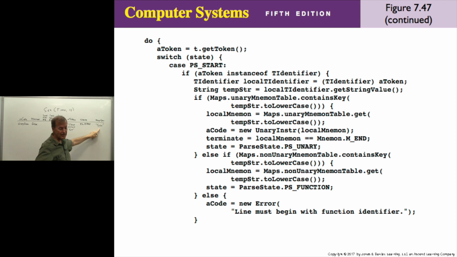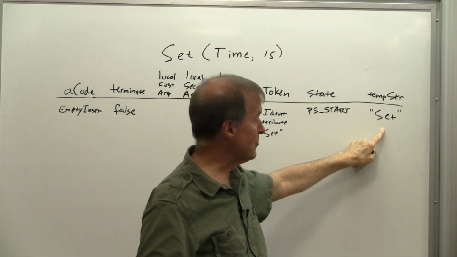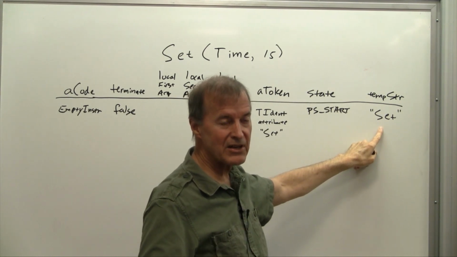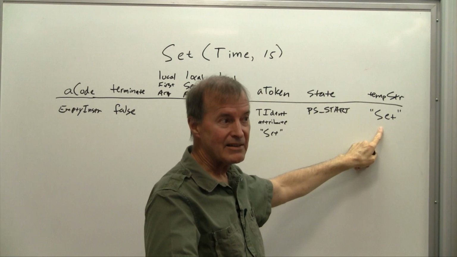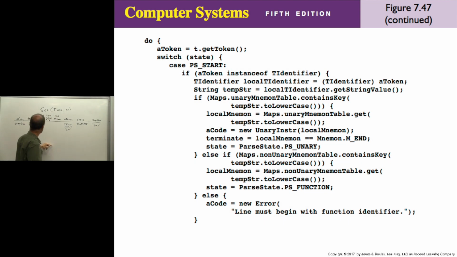So our local mnemon now gets what? Maps dot non-unary mnemon table dot get, and what do we pass as the key? Yeah, this temp string dot to lowercase. So we are giving it the string, and it's giving us back the enumerated mnemonic. Here, what was the name of this mnemonic?